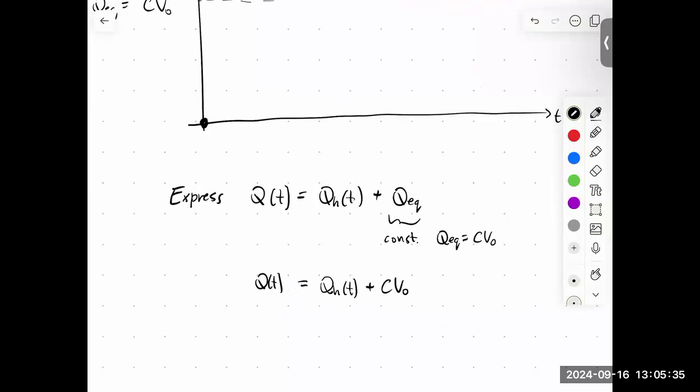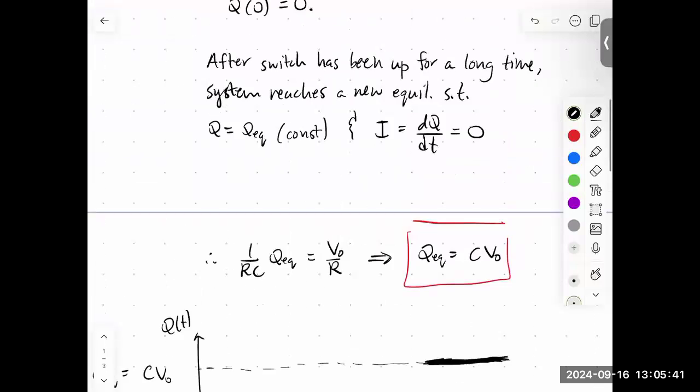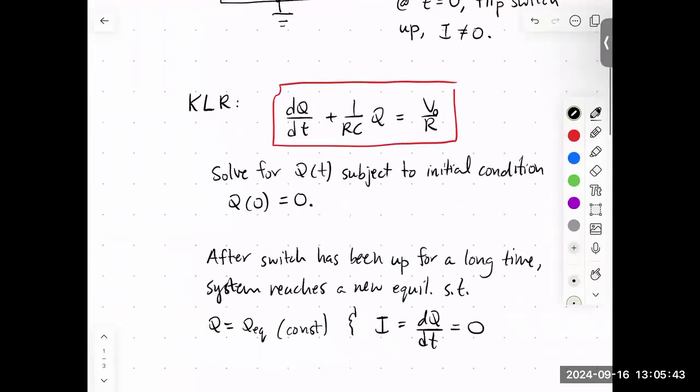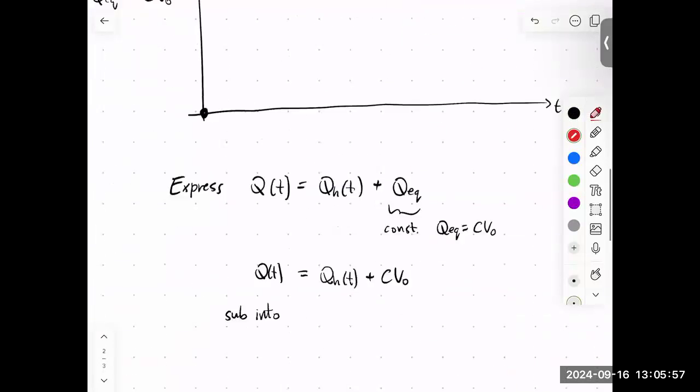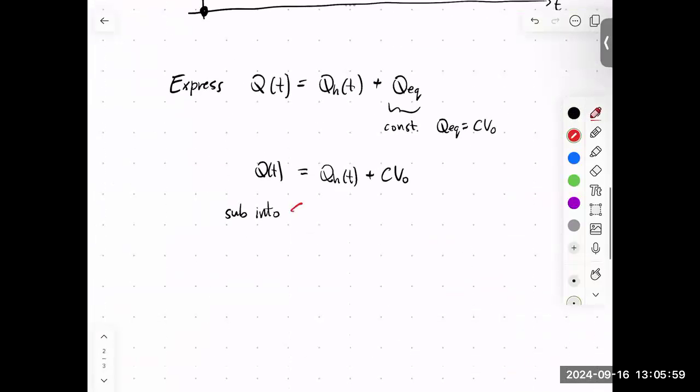And we're going to sub this into our differential equation. Let me give this a name. We'll call that equation star. So we're going to take our QH plus CV naught, and wherever we see a Q in here, we're going to replace it with that. So we sub into star.